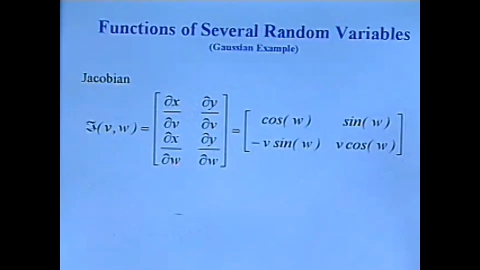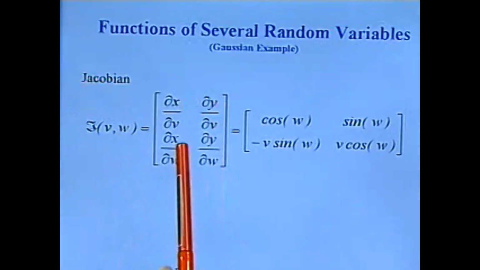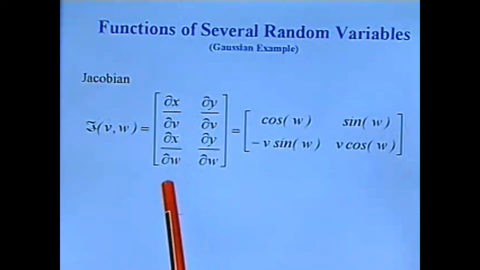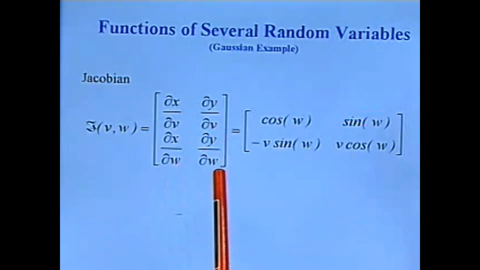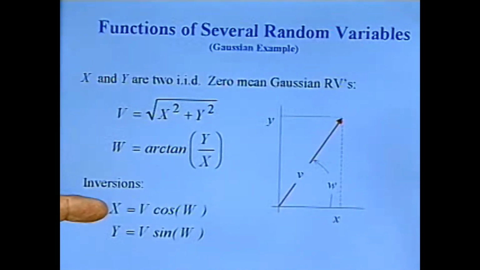If we were to look at the Jacobian then, the Jacobian is the partial of x with respect to v, y, v, x, w, and y, w. So we need to look at these, and we go back, and let's see, x with respect to v. Well, if we do the partial of x with respect to v, we just get the cosine, right?